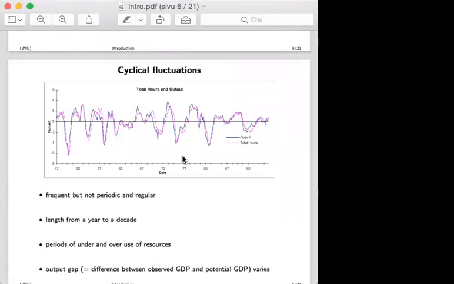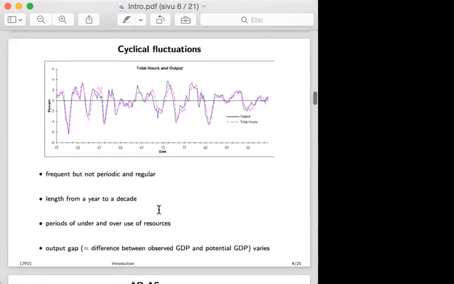What this means in terms of welfare is that cyclical fluctuations are periods of under and overuse of resources. This is the cyclical components of output and hours. So there are periods of low use of labor input, meaning periods of high unemployment, and then periods of low unemployment, and even kind of overuse of labor, so that people are working longer hours.